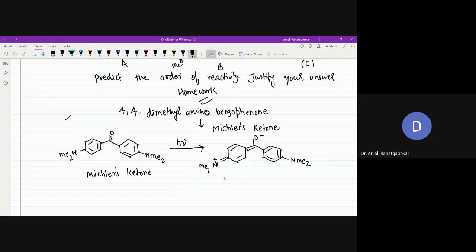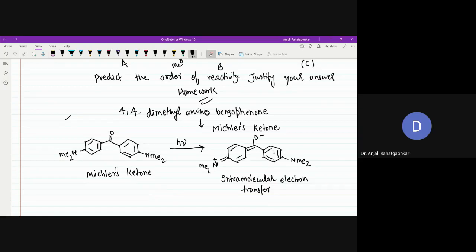Here intramolecular means within the molecule. Intramolecular electron transfer takes place after photoexcitation, and thus the excited state is a charge transfer state.